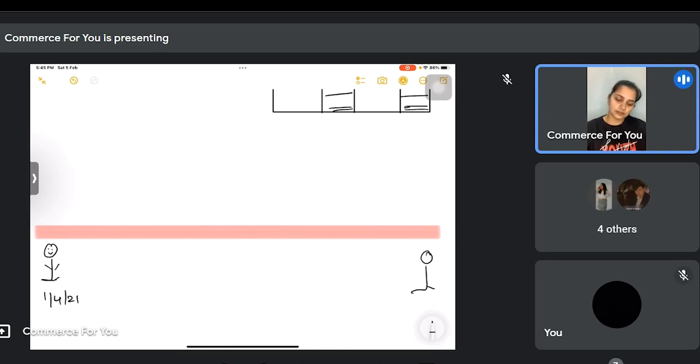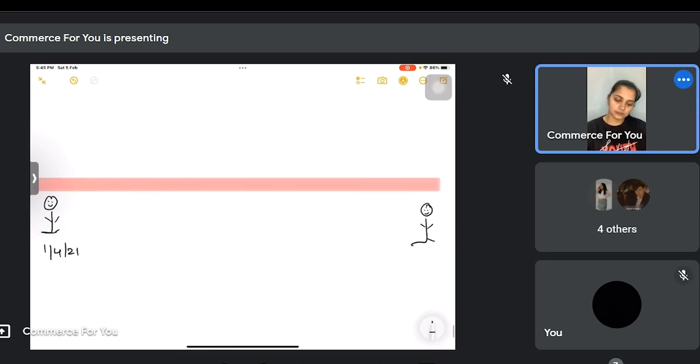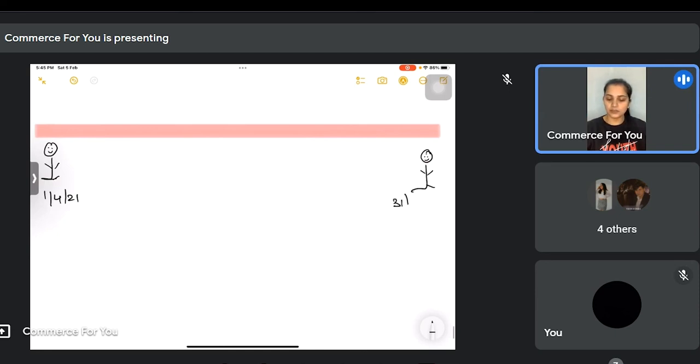Now he stands here on 31st March 2022. यहाँ पर जो होगा ना इनका, that will be called as opening capital. And here he will be having closing capital.